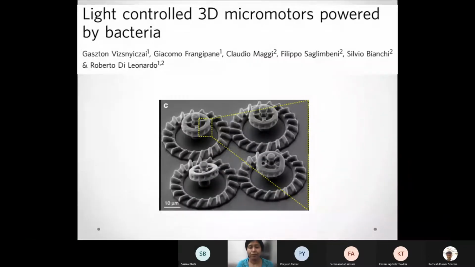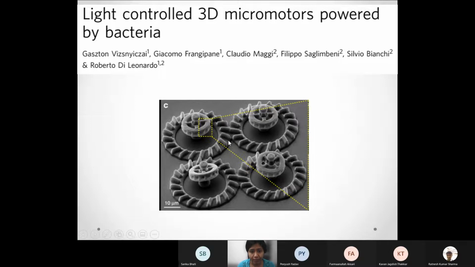Another way by which you can harness this is another idea. The other idea is that because bacteria move so fast, what if you design some sort of nanorotor, and you use the power of bacteria to move this rotor. So this is one such design.